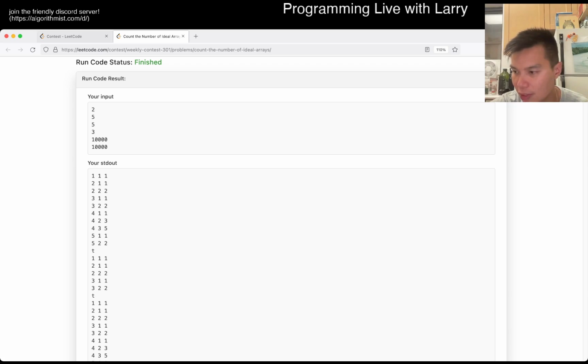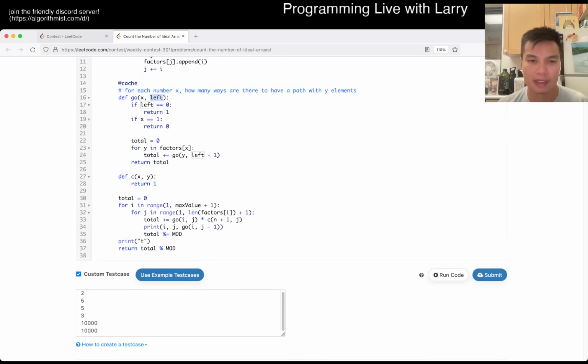And then 2 elements is 4, 2. So there's 2 ways. No, is there? No, there's only 1 way. Okay, 4, 2 is 1, but it's showing 3. Why is that?